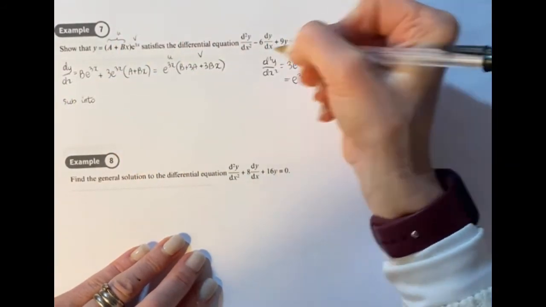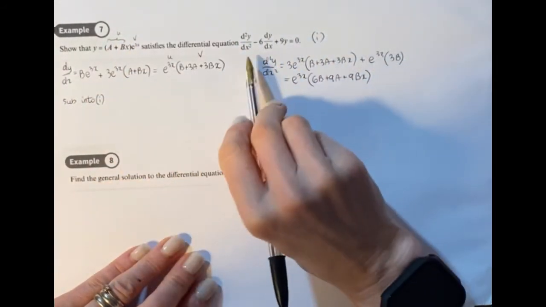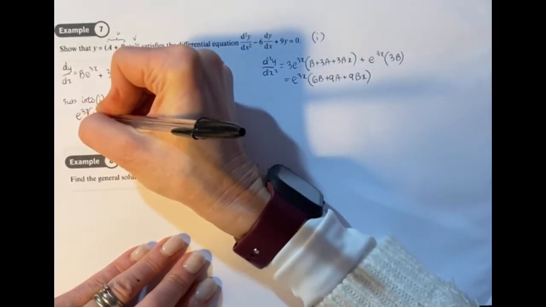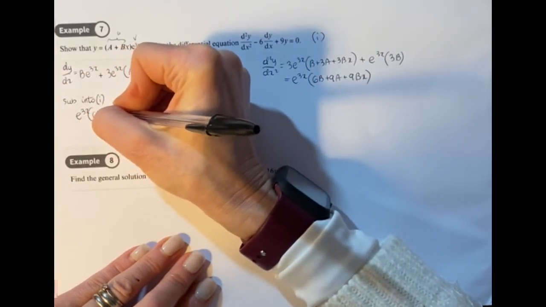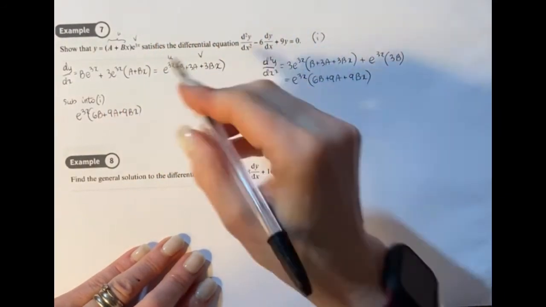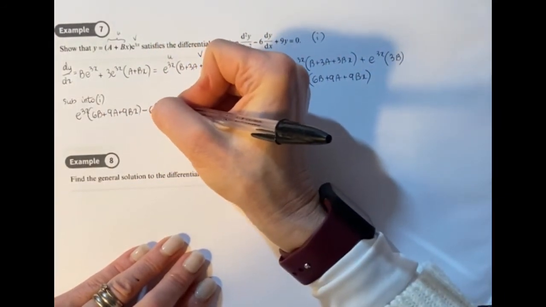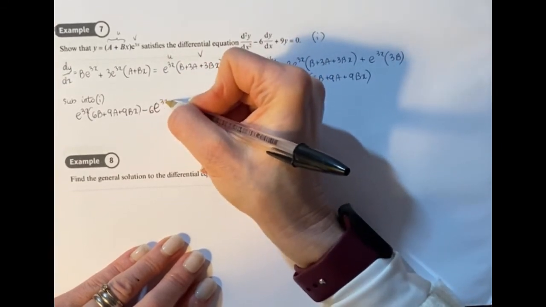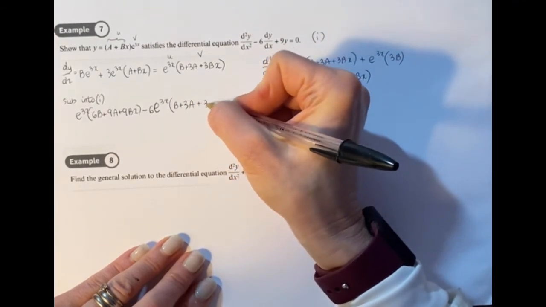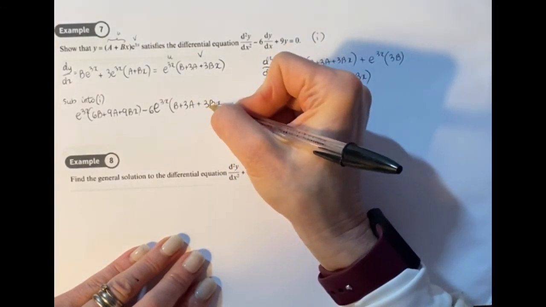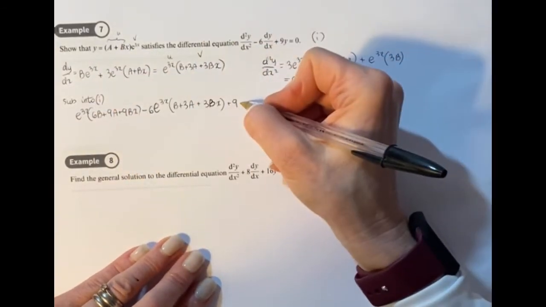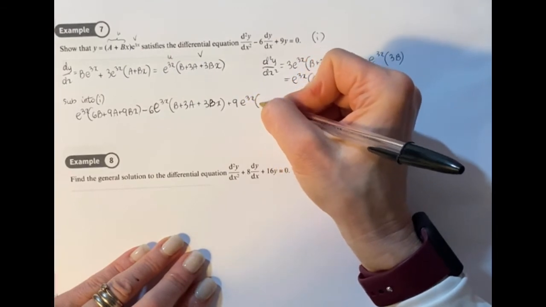Let's call that equation I. So on the left hand side I've got e to the power of 3x, 6b plus 9a plus 9bx, minus 6 lots of the first derivative, e to the power of 3x, b plus 3a plus 3bx, plus 9, the y is over here, I'll just put e to the power of 3x first, and then a plus bx.